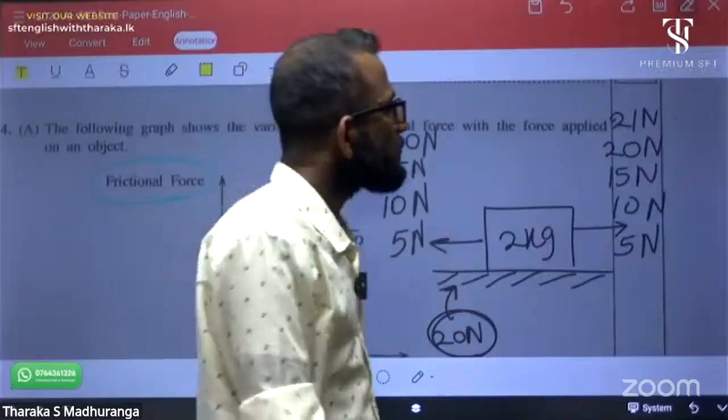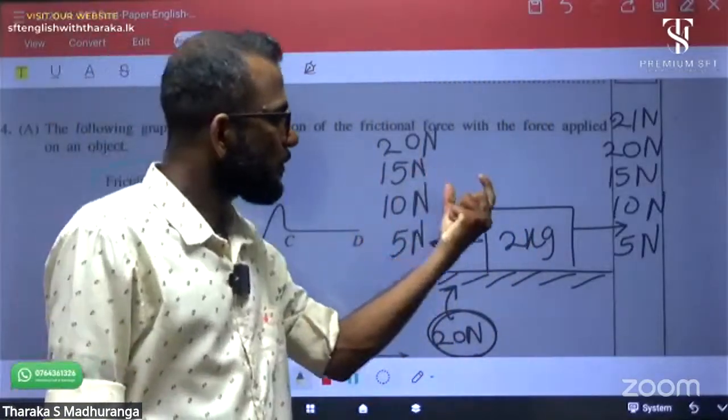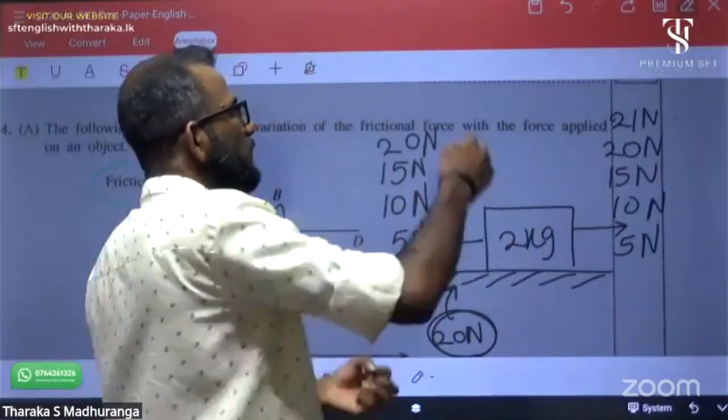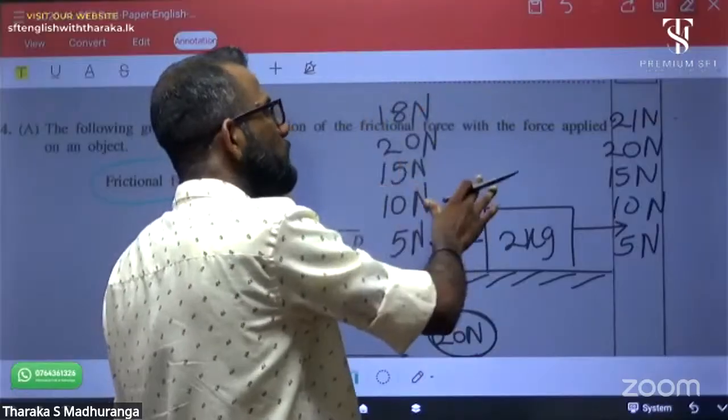Wait, it is less than 20. The friction force acting on this object is less than 20. I think it is 18 Newton, again less than 20.